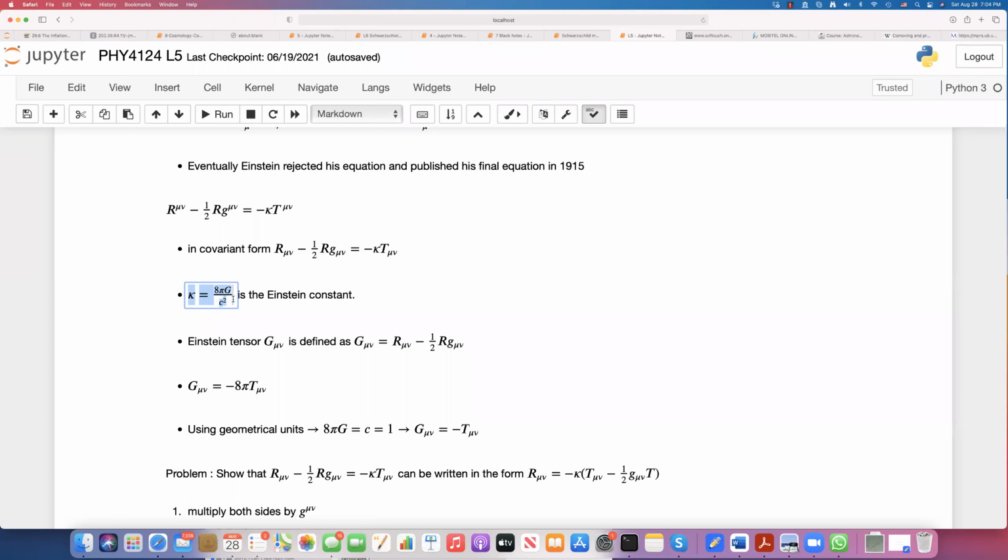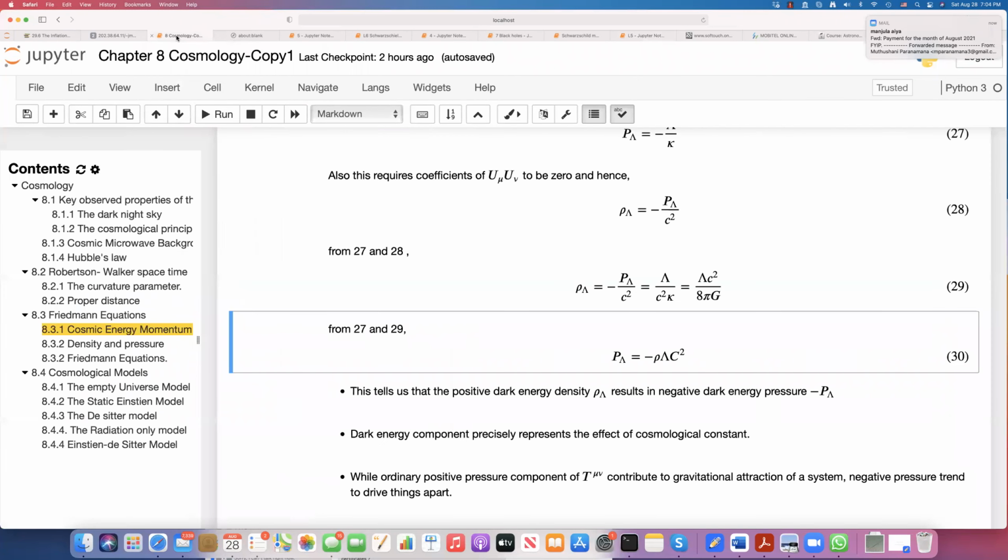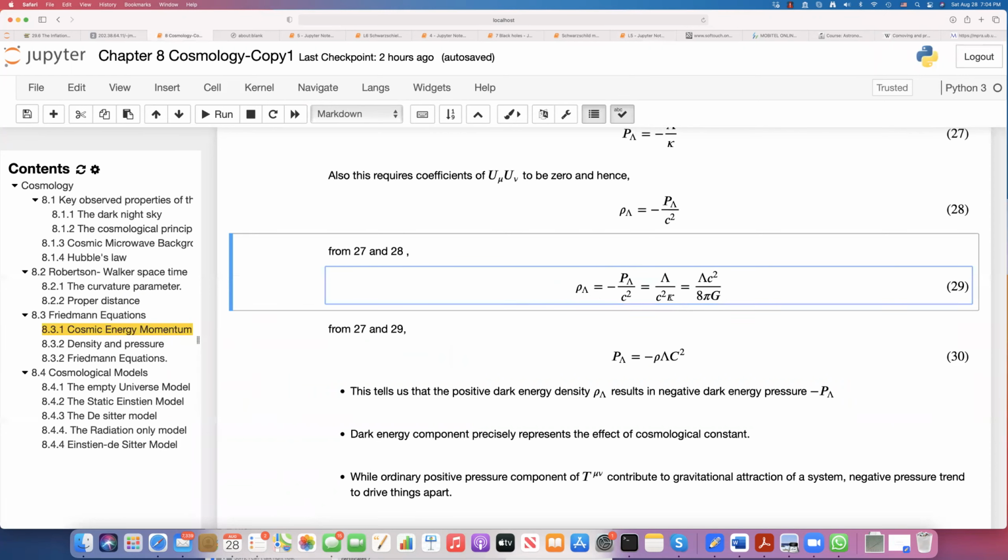It should be 8 pi G over C squared. So that's what I want to make sure. Now if I go back, the kappa is substituted here as 8 pi G over C squared. So that's how you get this whole expression at the end, equation 29.